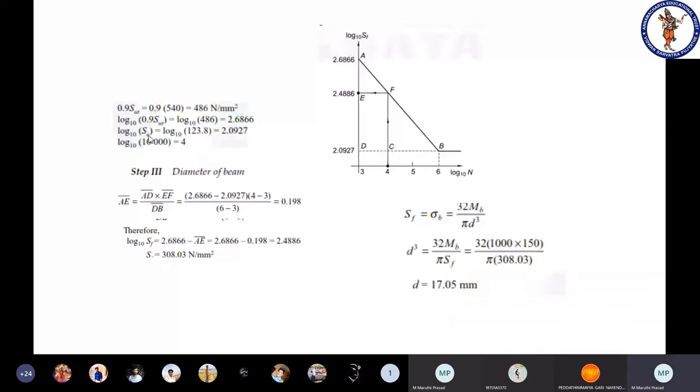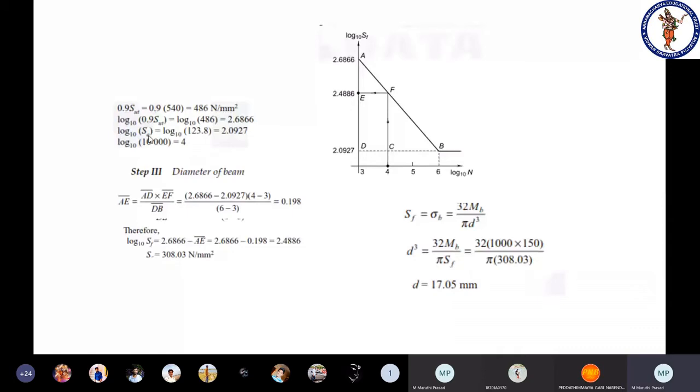To draw that AB line, the coordinates of point A are 1000 cycles and 0.9 times the ultimate strength, and point B is 10 power 6 cycles and sigma E. You have to remember these two.